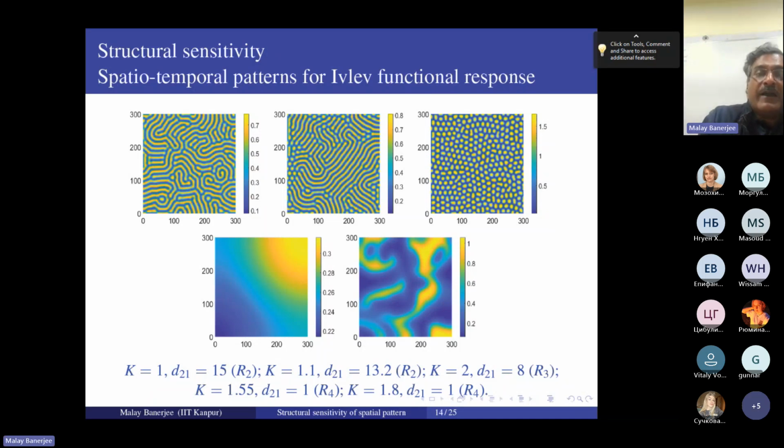equivalent to the bifurcation diagram that we obtained for Rosenzweig-MacArthur reaction kinetics, and the stationary patterns are of a similar kind, but there is a little bit of difference.